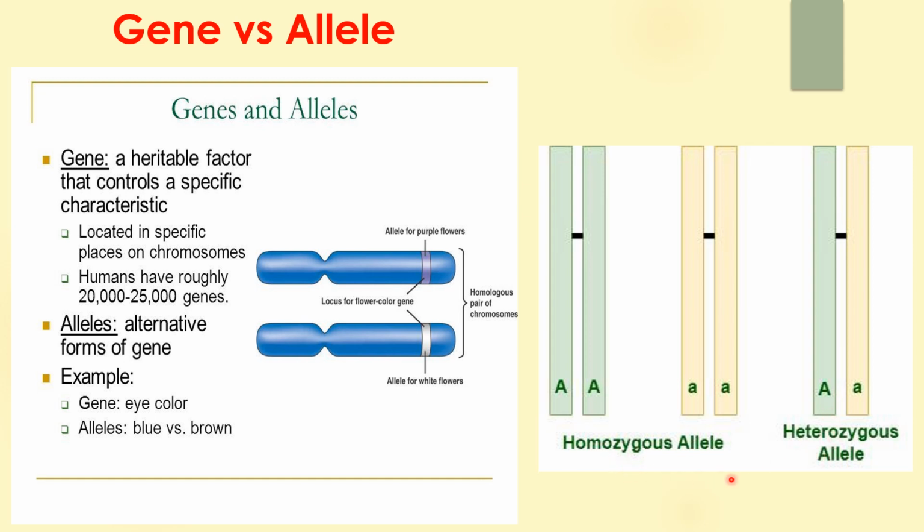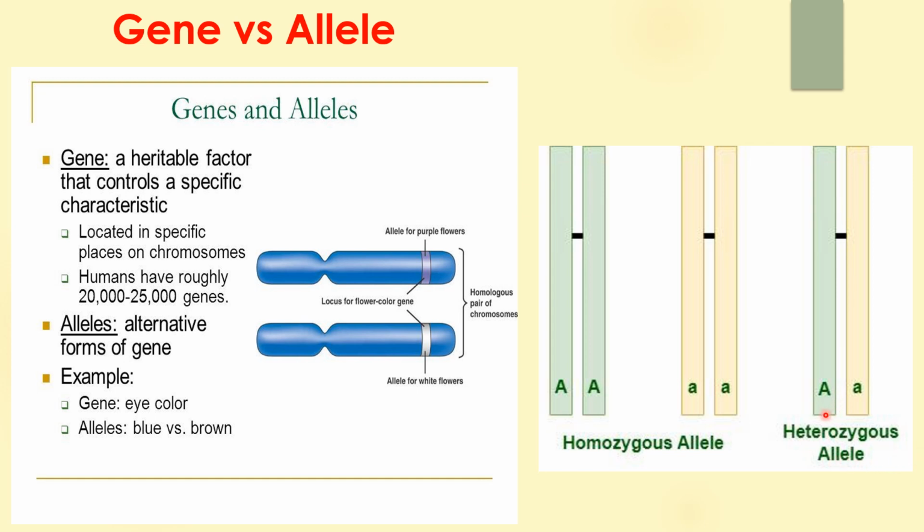Anyway, this is the homozygous allele, that is, identical alleles, as you see, capital A, both from the father, for example, small a, both from the mother, for example. Identical alleles mean homozygous, and heterozygous alleles mean non-identical.